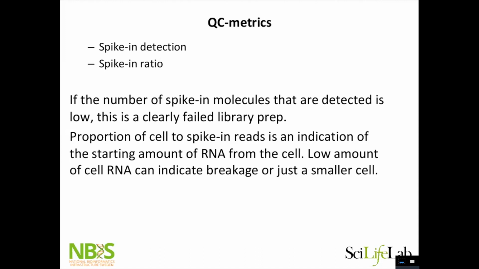If you're working with very small cells, you might end up in a situation where like 10, 20% of all the reads you're sequencing are spike-in, and then it's a waste of money, I would say. So it is not so easy. I think it's a good idea to look at what other people had for different cell types. It should be around a couple of percent spike-in, I would say.